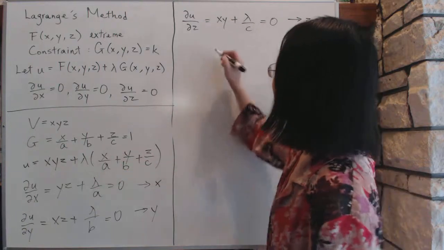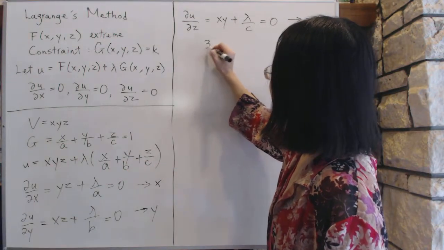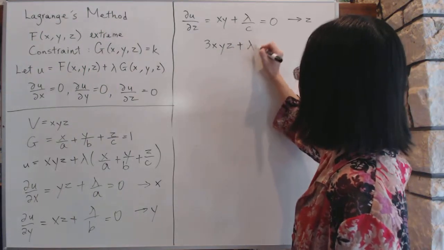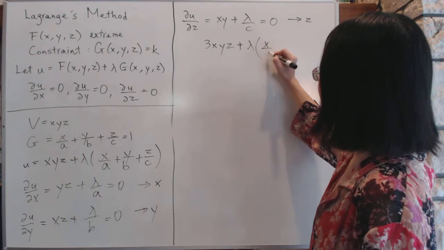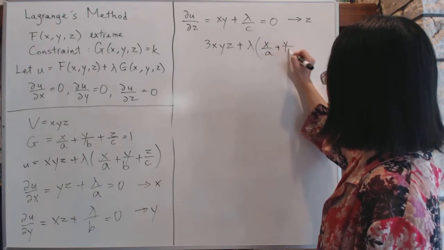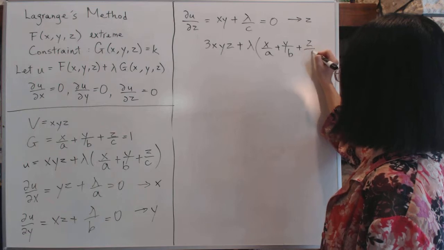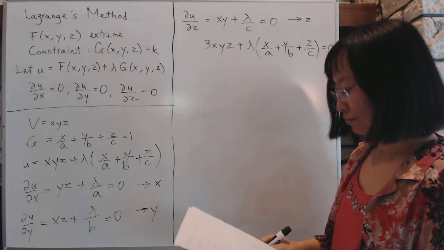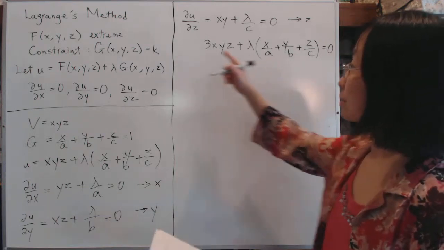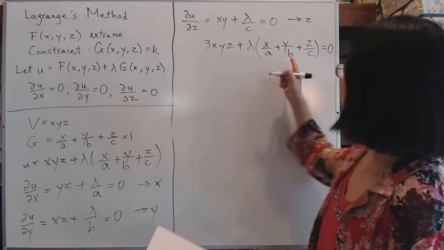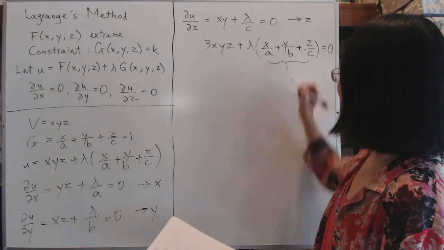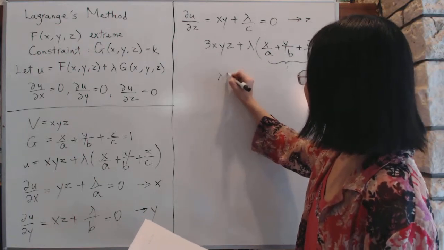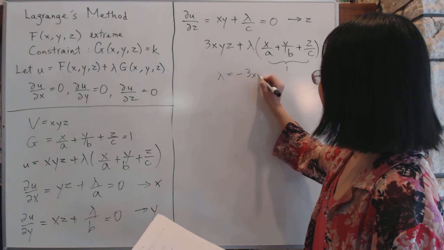If you do that, adding everything, we have 3xyz plus lambda times (x over a plus y over b plus z over c) equal to 0. I've done the multiplication and addition, and this thing right here, as given by the constraint equation, is just 1. Which means lambda equals negative 3xyz.